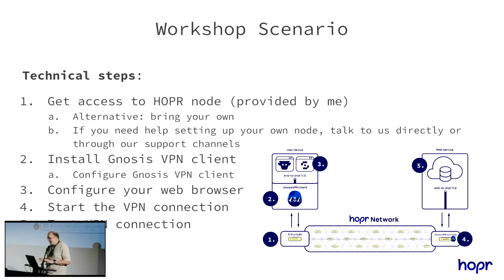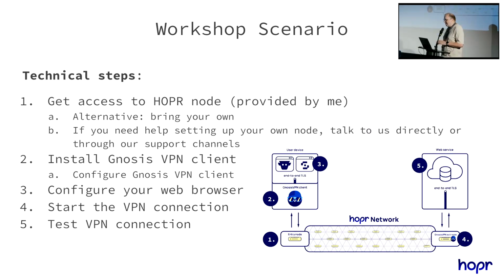The technical steps we're going to cover are outlined on this diagram. So first, we're going to access a HOPR node, or get the access credentials. If you have your own node already, you are safe. If you don't have a node, we have handouts here with the required information, which you can use in the following steps.